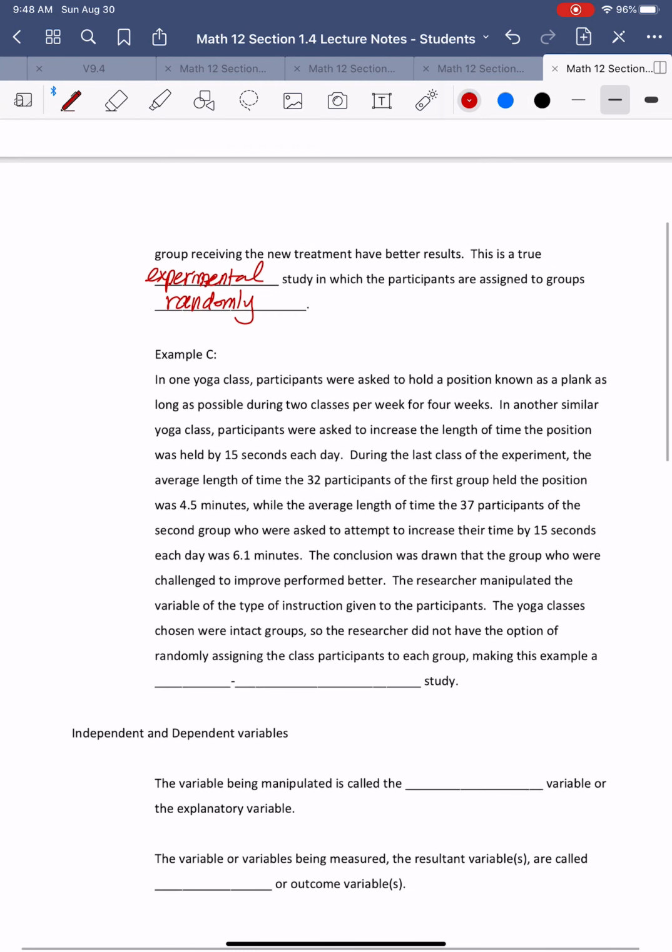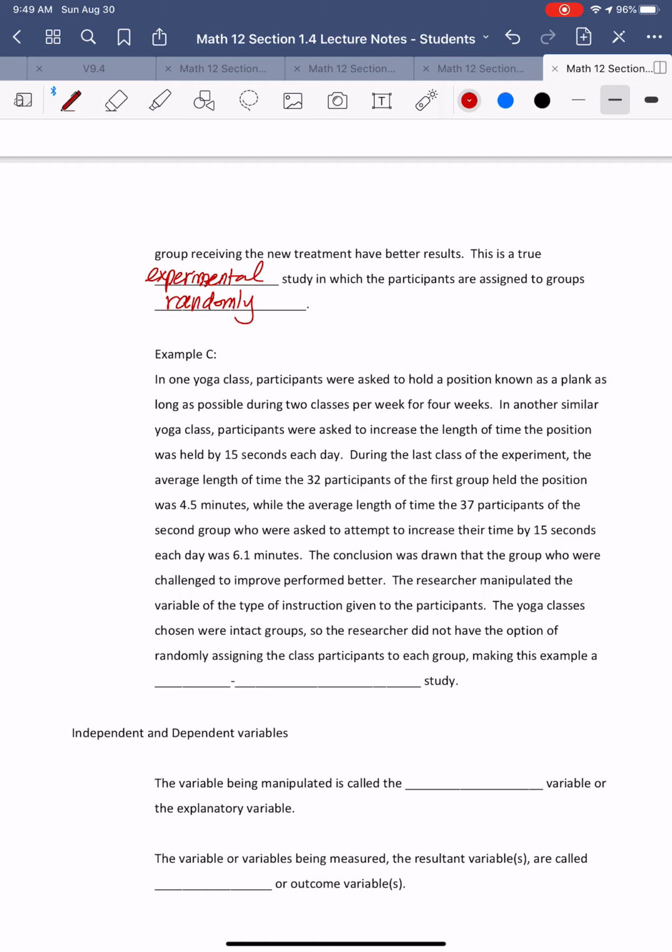Another example: in a yoga class, participants were asked to hold the position known as a plank as long as possible during two classes per week for 4 weeks. In another similar yoga class, participants were asked to increase the length of time the position was held by 15 seconds each day. During the last class of the experiment, the average length of time the 32 participants in the first group held the position was 4.5 minutes, while the average length of time the 37 participants of the second group, who were asked to attempt to increase their time by 15 seconds each day, was 6.1 minutes.